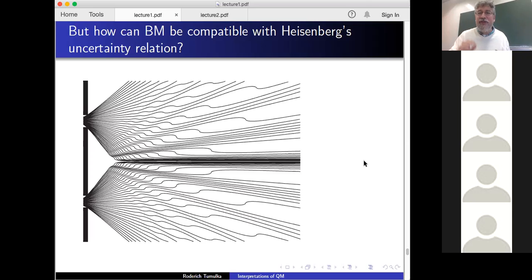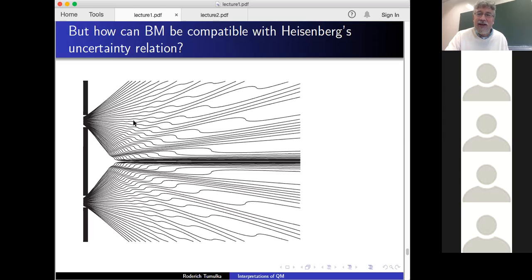Here's what the uncertainty relation actually says in Bohmian mechanics. Whenever the wave function is narrow, so that the uncertainty about the actual position is small, that is, whenever we know the actual position to a high degree of accuracy, then there's a big spread in Bohmian velocities.